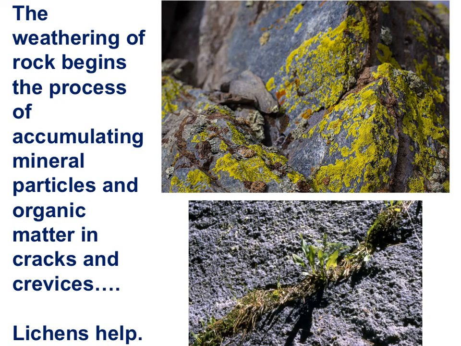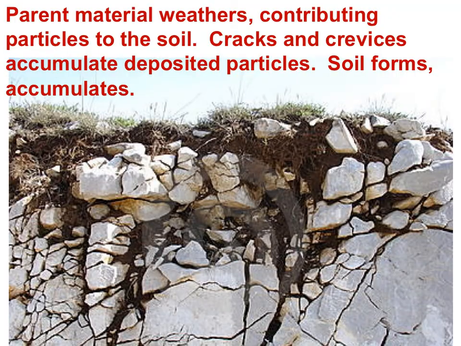The weathering of rock begins the process of accumulating mineral particles and organic matter in cracks and crevices, and the lichens help to weather the rock as well. The weathering process continues. Rocks break into smaller and smaller pieces, contributing particles to the formation of soil.